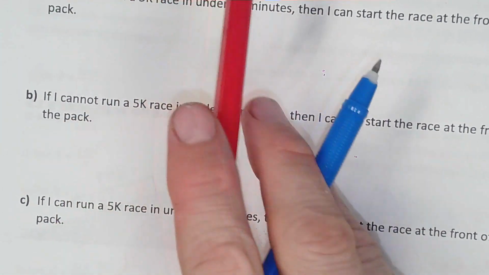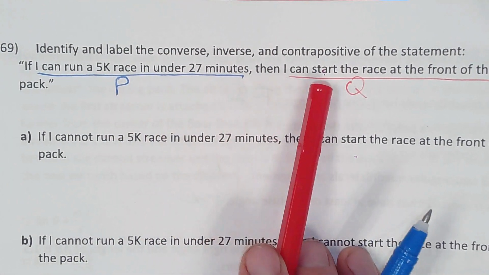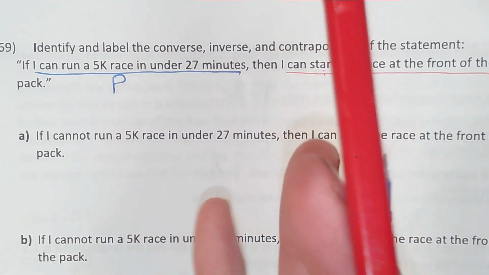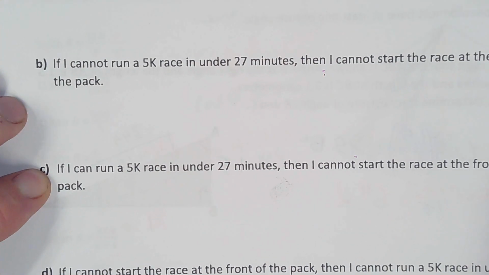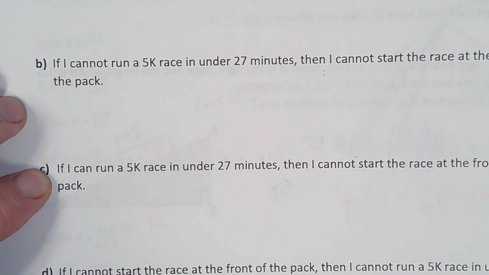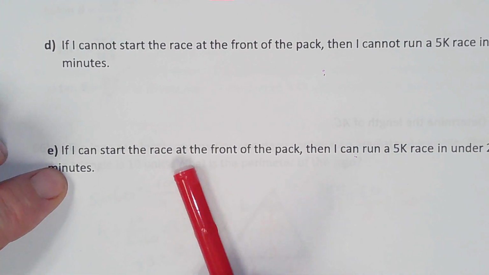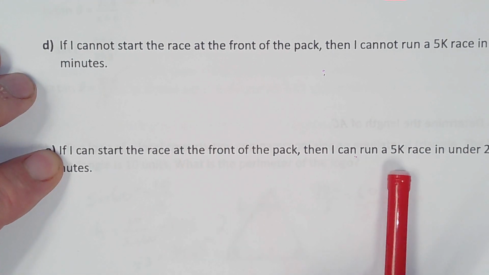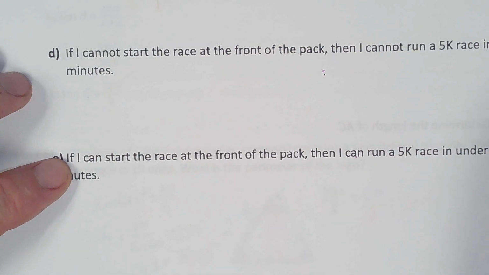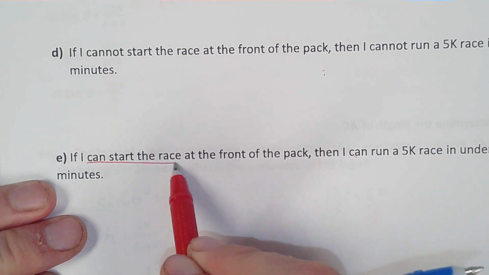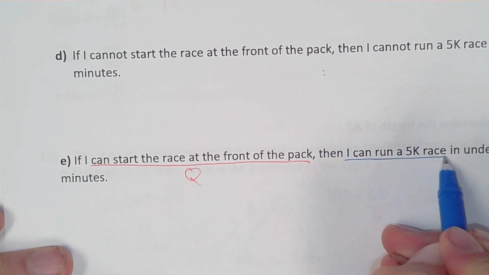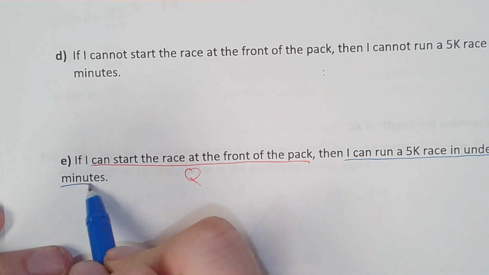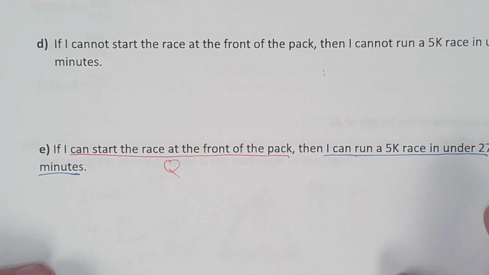It's going to be like these two just swapped. I can run a 5K race. That's a cannot and a cannot. I can run, and I can. There's our Q, and there's our can. That is our inverse statement.